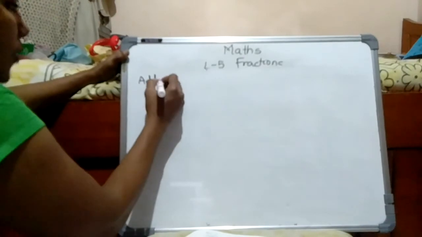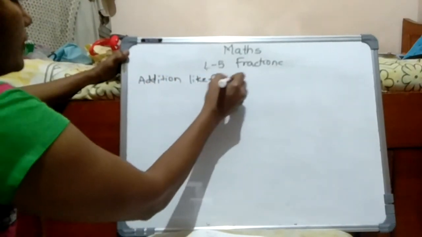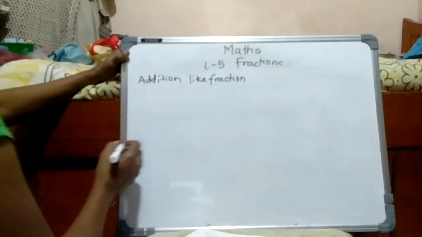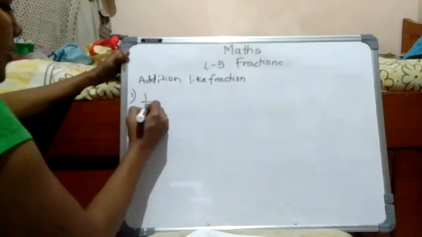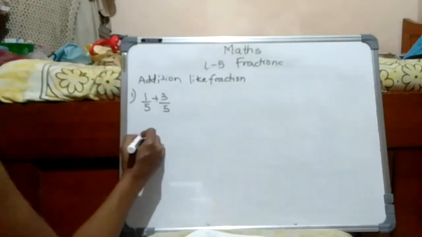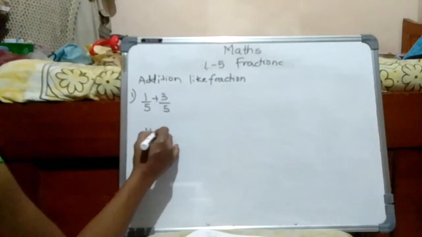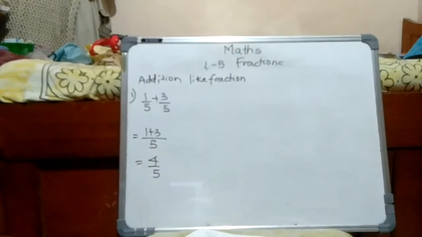Now, this is addition of like fractions. Addition of like fractions means the same denominator. 1 upon 5 plus 3 upon 5. So, how is it? The same denominator is there. 1 plus 3. 1 plus 3 is equal to 4. 4 upon 5. Isn't it easy?